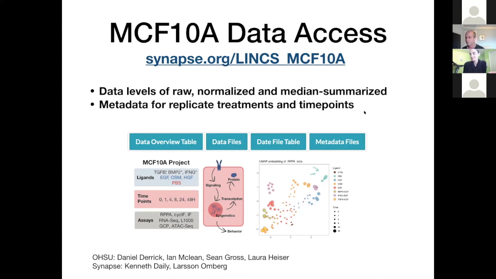I had a quick question. Hi, everyone. My name is Divya Murli, and I'm from Dr. Subramaniam's lab at UC San Diego. I was wondering if the immunofluorescence data is also available on Synapse, like the images.